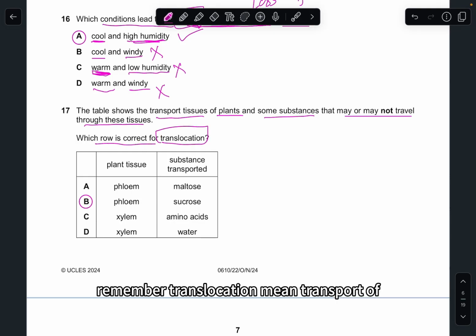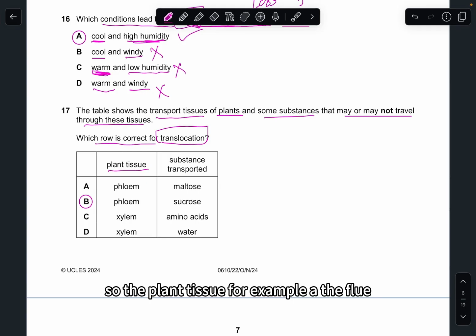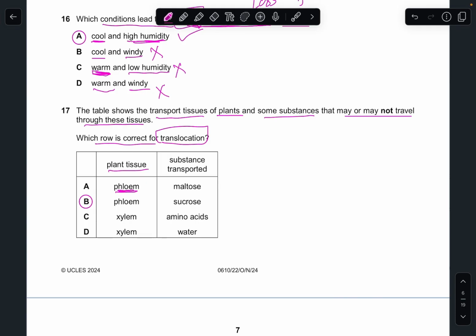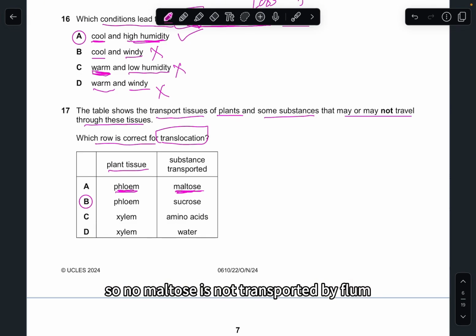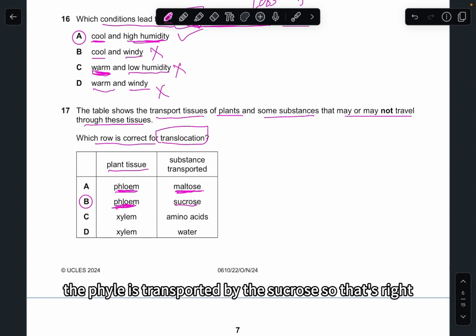Remember, translocation means transport of glucose and amino acid, and also sucrose. For the phloem, what substance does it transport? A is maltose. No, maltose is not transported by phloem. B, phloem, but it transports the sucrose. The phloem transports sucrose, so that's right.